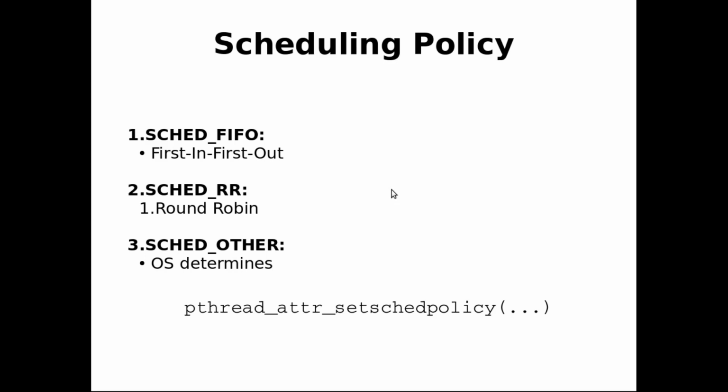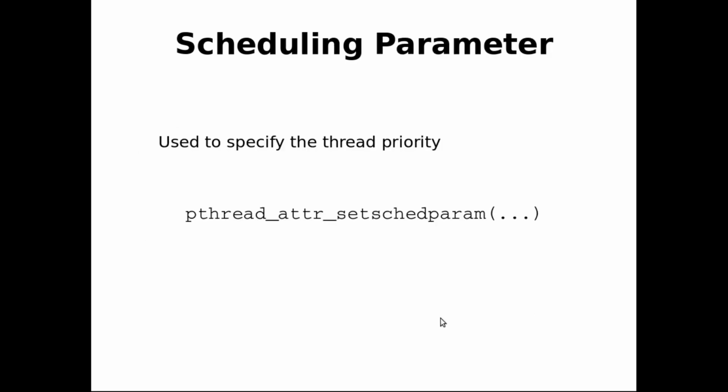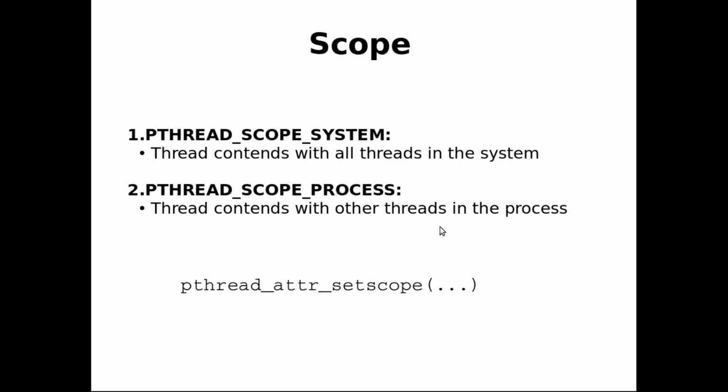And the function to set this attribute is set sched policy. Scheduling parameter attribute is used to specify the priority of the thread, and it can be modified using the set sched param function.